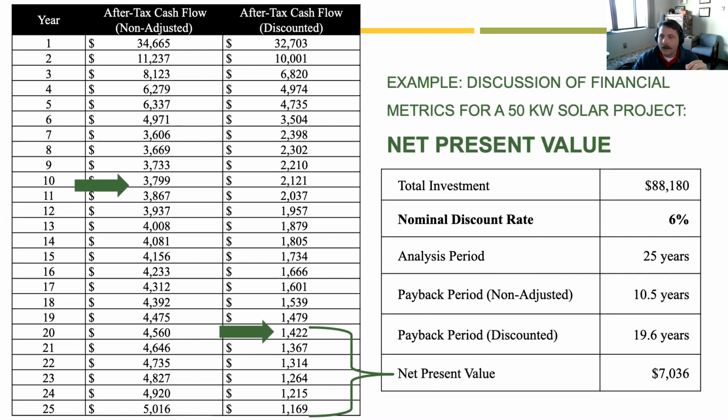So in this case, the net present value is positive, suggesting we made more than 6% on this investment. If the net present value was 0 in this example, whatever the discount rate was is equal to the rate of return.